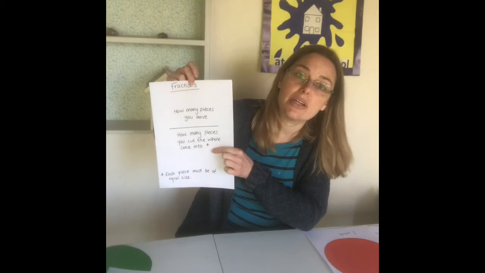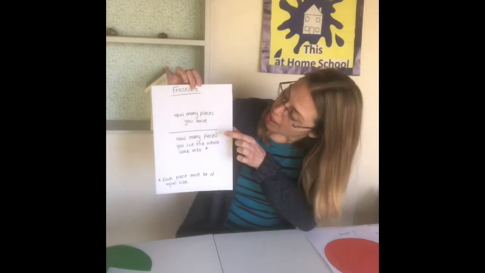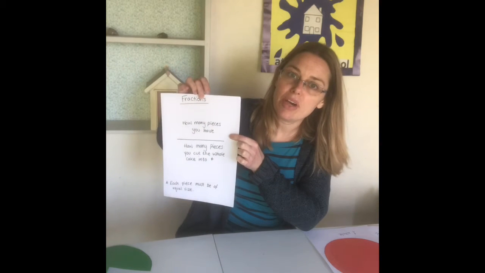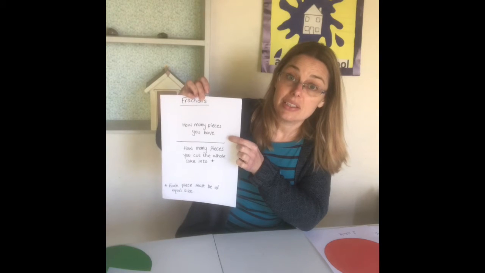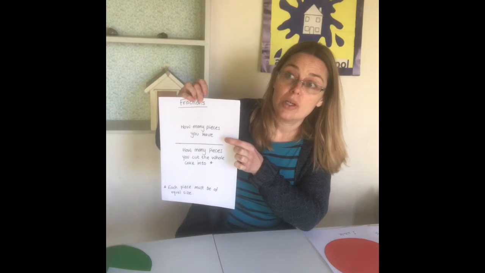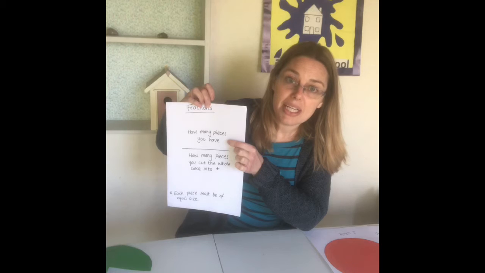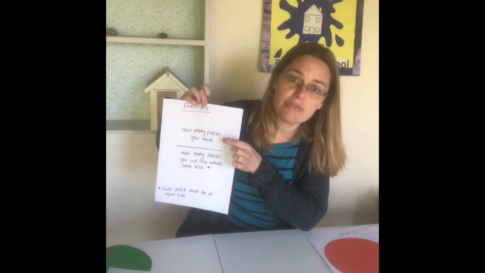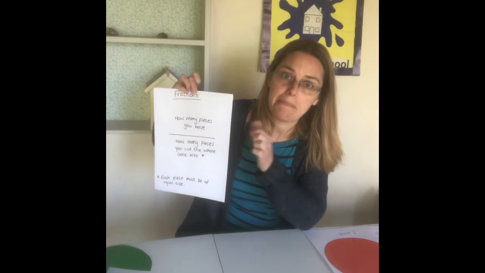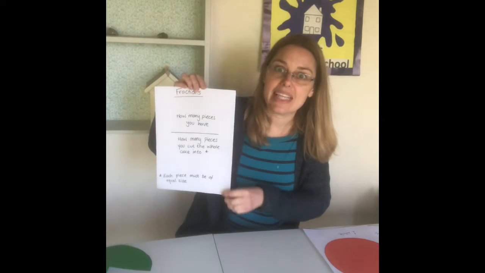That's the number that goes on the bottom. And then on the top, we write how many pieces of our cake we have. So I might have 2 pieces of my cake, but it was cut into 5 pieces. So I only have 2 of those 5 pieces. Okay, I hope that makes sense.